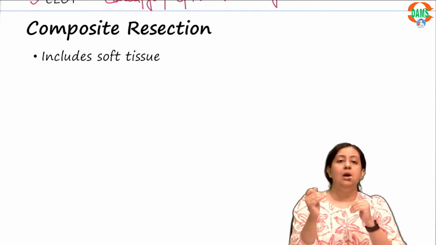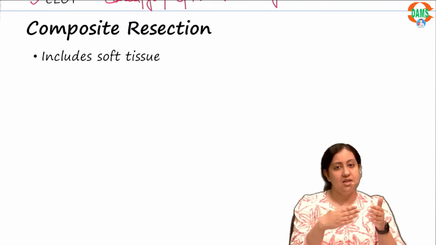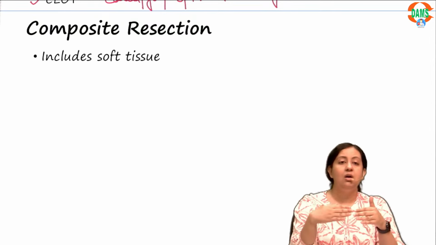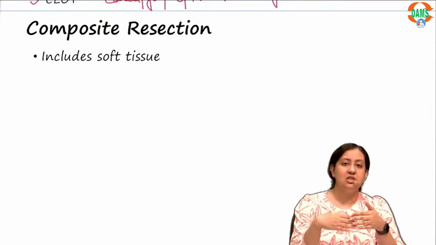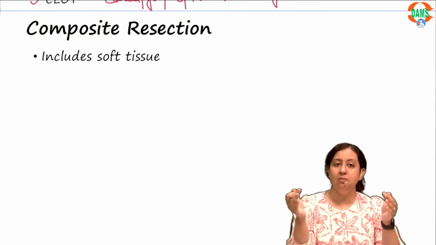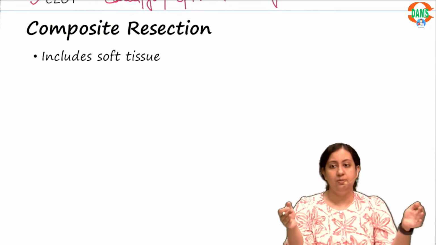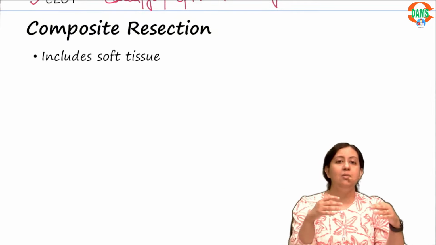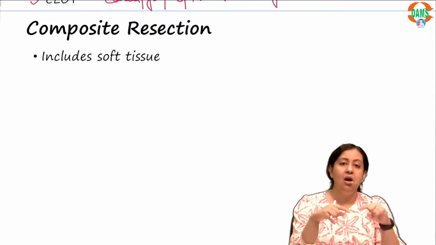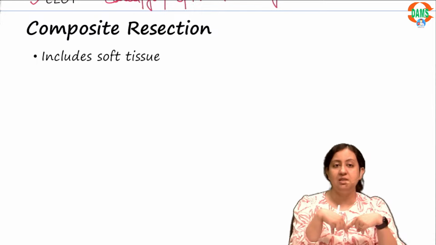Please listen carefully. Now comes the difference between resection and composite resection. In composite resection, you are removing the pathology along with the adjacent bony tissue as well as the soft tissue. So you are removing the pathology along with the bony and soft tissue that is present around it.